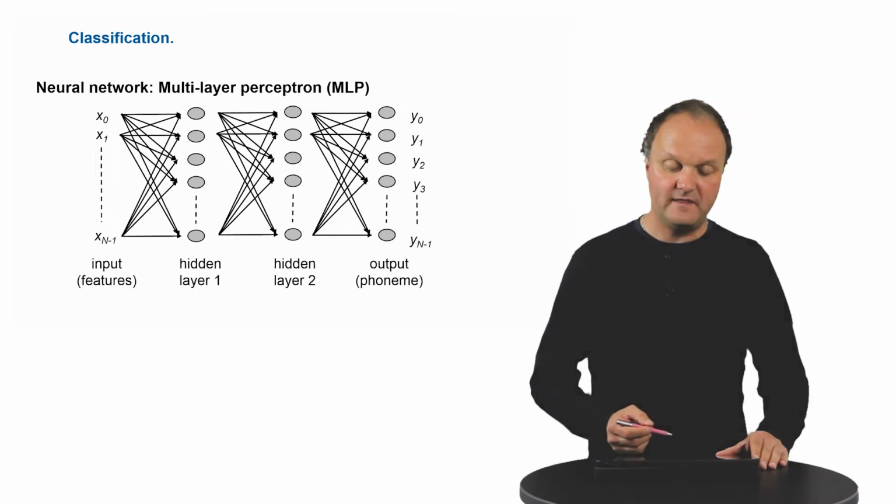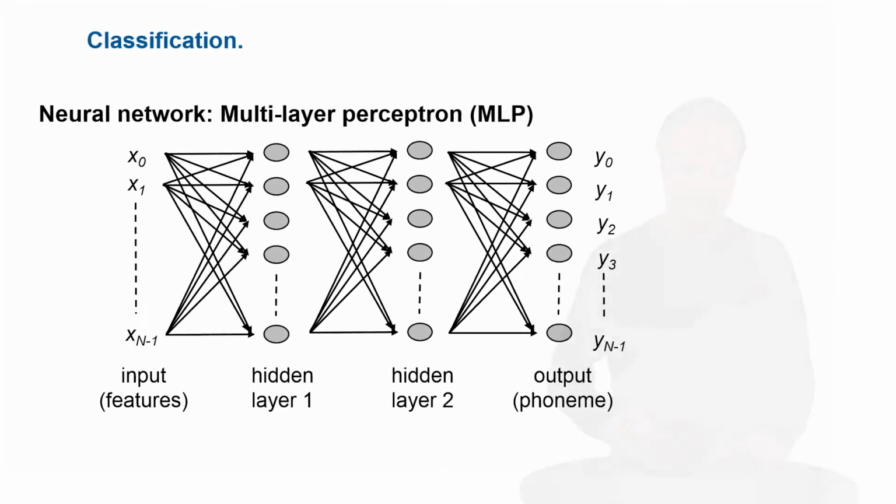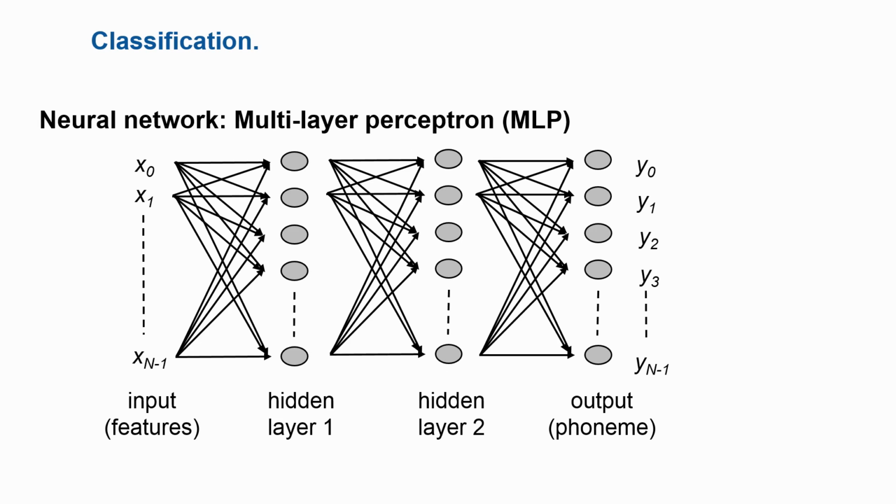In order to deal with that, we can organize perceptrons in multiple layers in such a way that the output of one layer constitutes an input component to the neurons on the next layer.